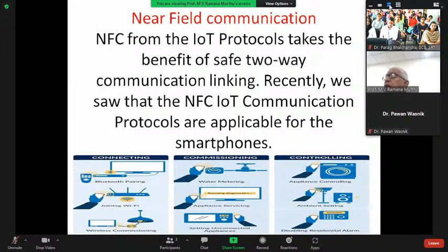Another thing is Near Field Communication, the NFC protocol. Among the IoT protocols, it takes the benefit of safe two-way communication linking. Recently, we saw that NFC IoT communication protocols are applicable for smartphones. Connecting, commissioning, and controlling: all these three are dealt with in this.